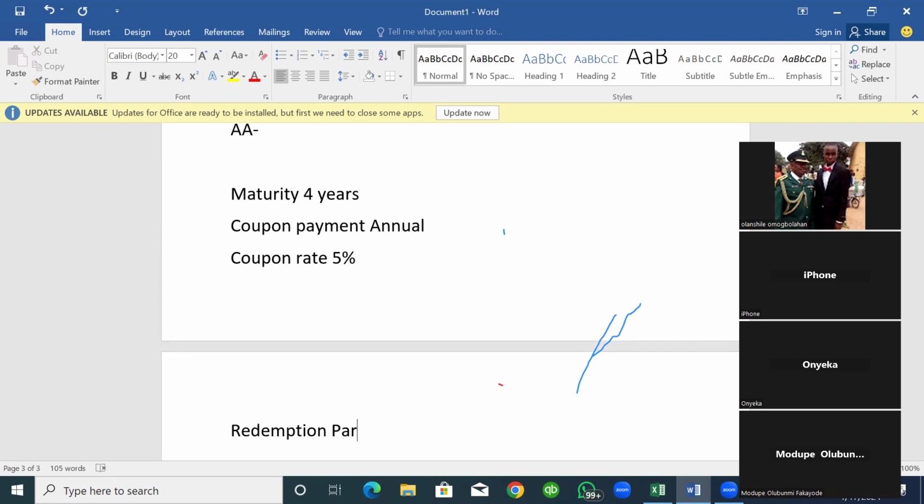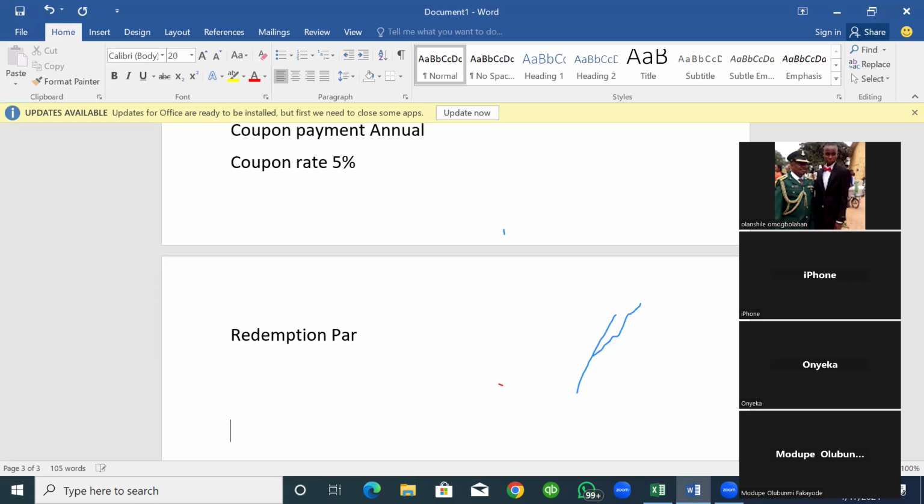Okay. So now the current annual spot yield curve for government bond is as follows.